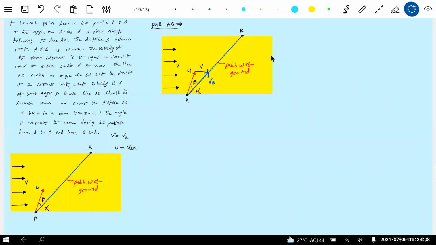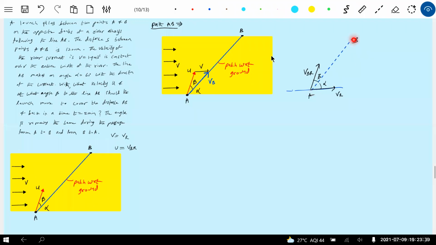For our convenience, we have brought them. Now, the velocity of the boat with respect to the river was like this. The velocity of the river is in this direction, and this was making beta. The river current was making an angle alpha with the path. Then what is the basic condition? The resultant velocity of the boat should be along path AB.